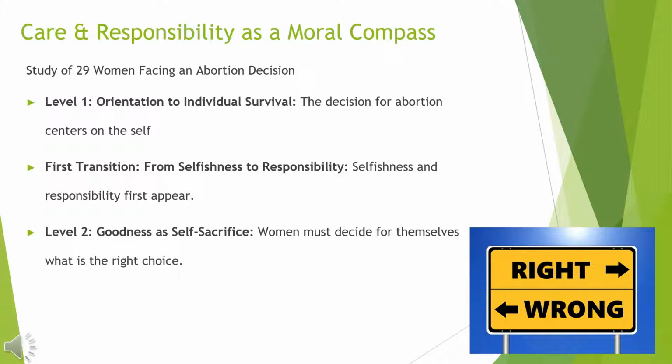On to level 2, goodness and self-sacrifice, the women must decide for themselves what is the right choice. They must consider themselves responsible for the actions of others while holding others responsible for the choices they make.